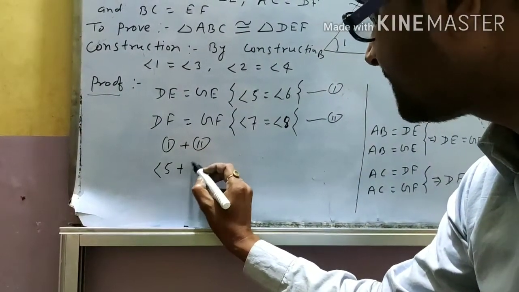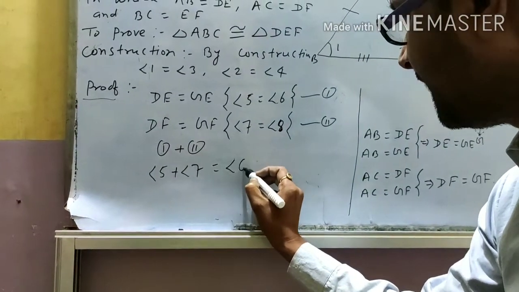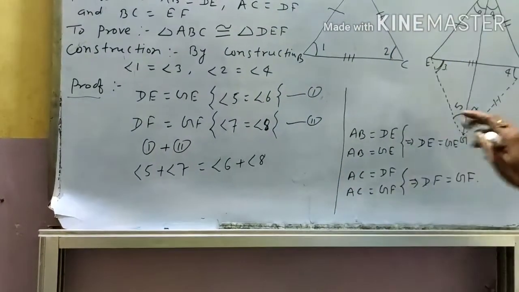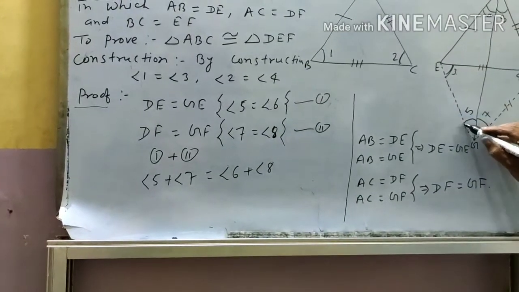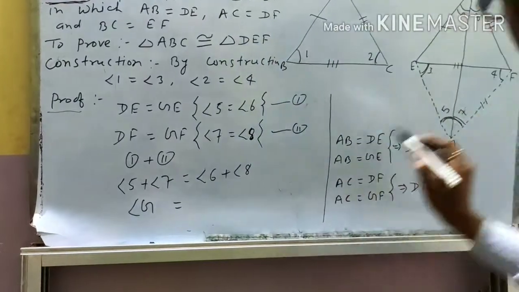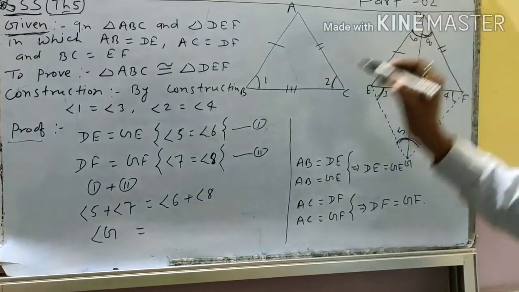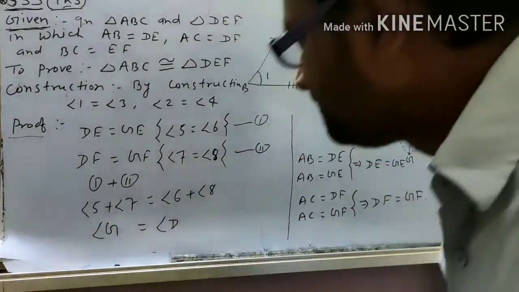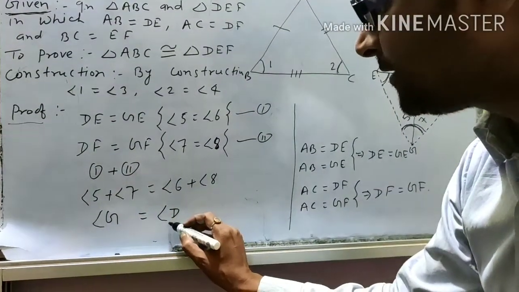Angle 5 plus angle 7 is equal to angle 6 plus angle 8. Here angle 5 plus angle 7 can be written as angle G. So we can write here angle G is equal to 6 plus 8, which can be written as angle D. Okay student, angle G is equal to angle D.